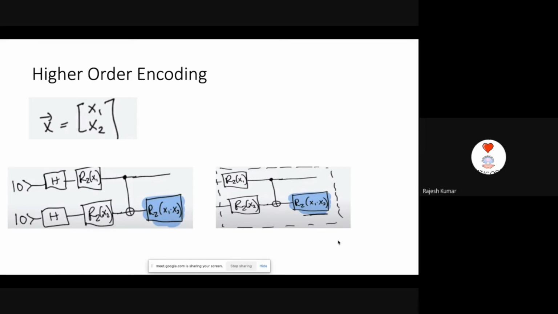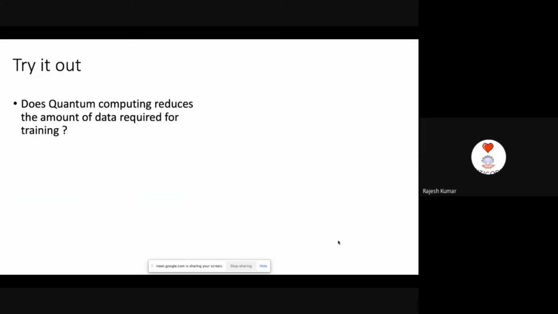Since we don't have one more qubit, we are not considering that, but that is one way of encoding. Take the feature, apply the Hadamard gate, and then do a rotation. That becomes an encoding for us. Visualize it in that way. Why are all these steps required? That is a requirement: take the data and map it to the qubit.